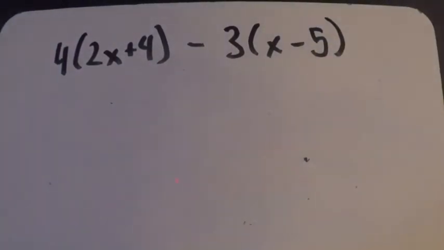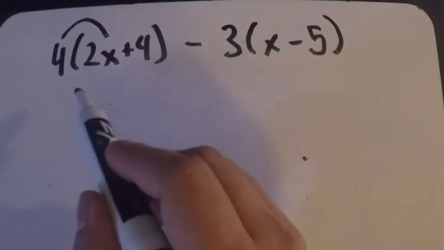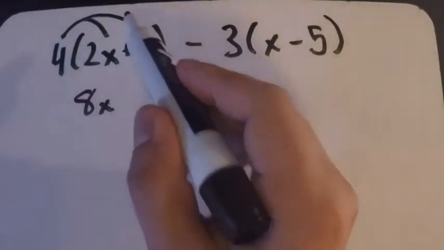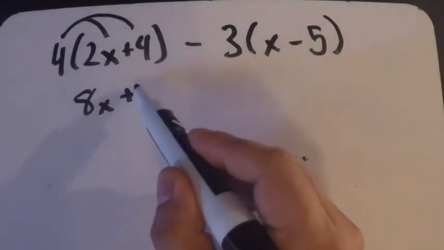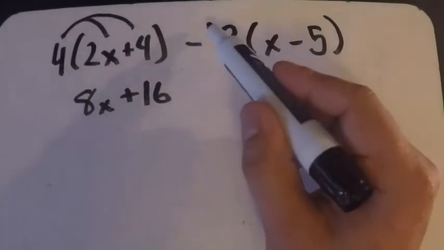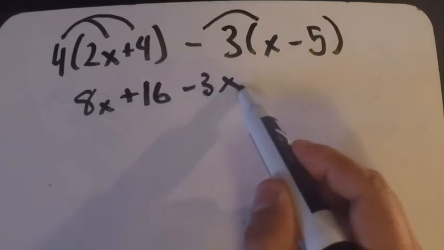Again, we're going to start with the same process of distributing our term that's outside the parentheses with our terms inside. So we multiply 4 times 2x, which is 8x. Then 4 times positive 4, which is a positive 16. Now we continue on the right side with -3. So -3 times x is -3x.